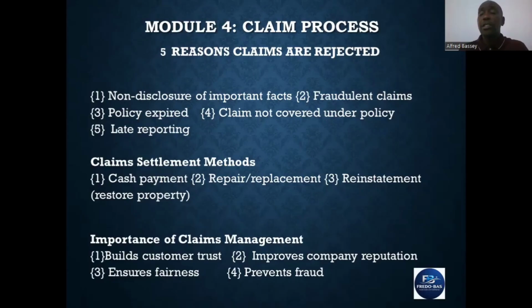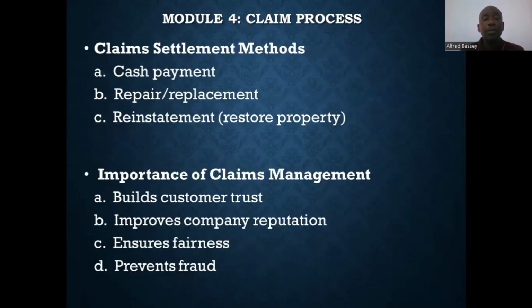It builds customer trust. It improves the insurance company's reputation. It ensures fairness. It prevents fraud. What are the claim settlement methods? Like we said earlier on: cash payment, repair, replacement, reinstatement, restore property. What are the importance of claims management? It builds customer trust, it improves company reputation, it ensures fairness, and it prevents fraud.